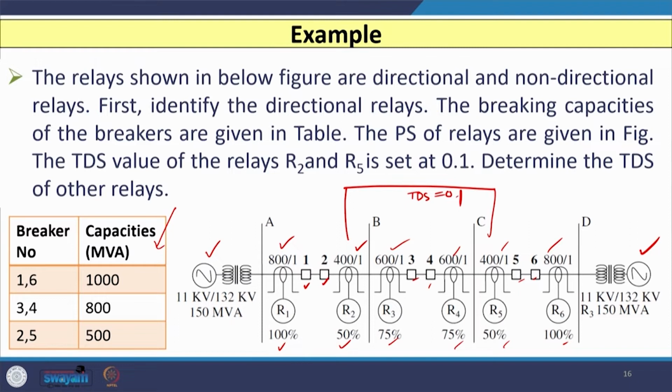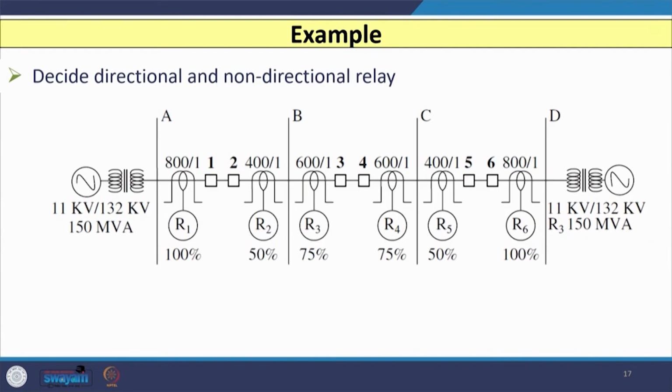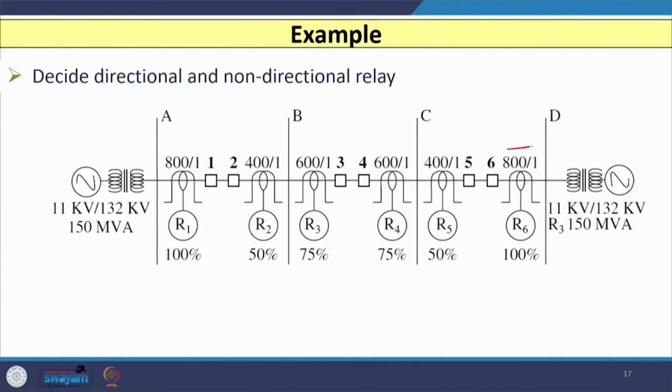So, let us see how we can calculate it. Here the first thing is we have to decide which relays are directional and which are bidirectional. Obviously, these 2 relays located near the source are again bidirectional in nature, whereas the other relays are directional in nature.